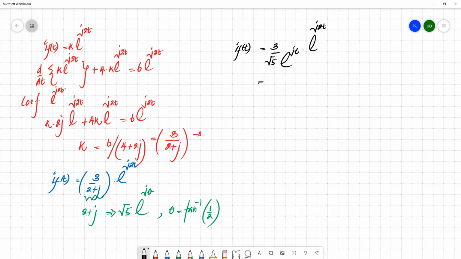If you simplify further, this is 3 divided by root 5 e to the power j(2t minus theta), where theta equals tan inverse half.